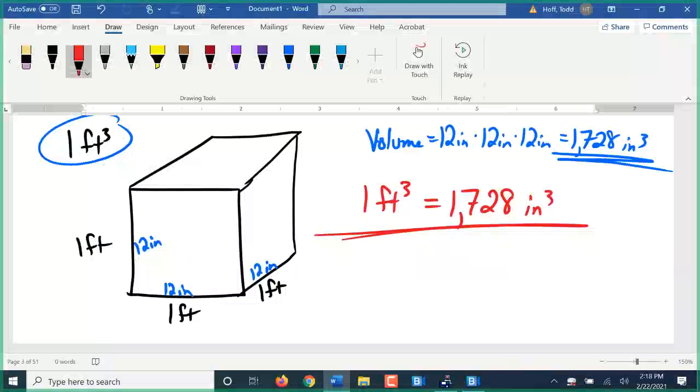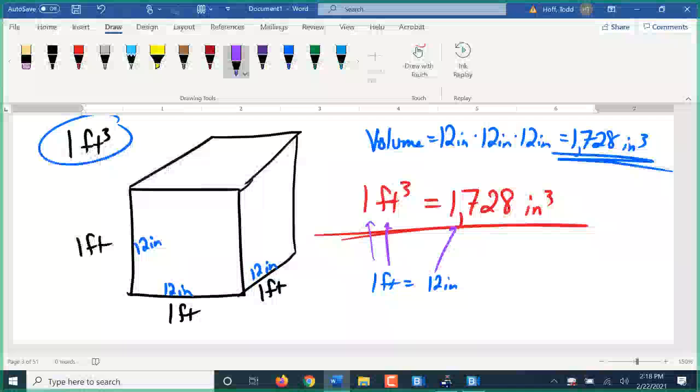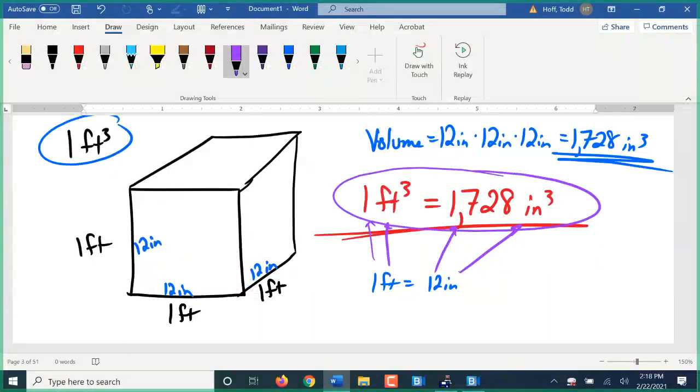Now again, that comes from our linear conversion factor. 1 foot equals 12 inches. 1 cubed, or 1 to the 3rd power, is 1. Foot cubed is cubic foot. 12 cubed is 1,728, and inches cubed is cubic inches. So that conversion does come directly from that length conversion. We just have to cube everything.